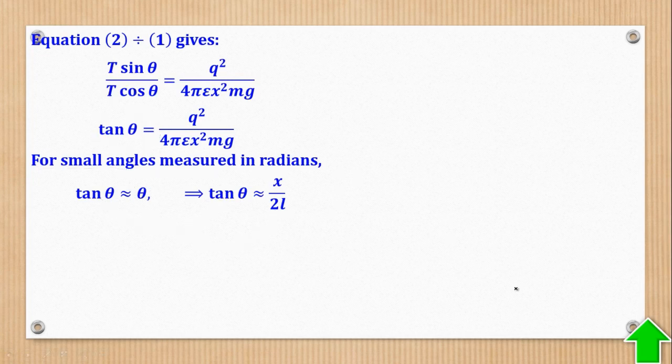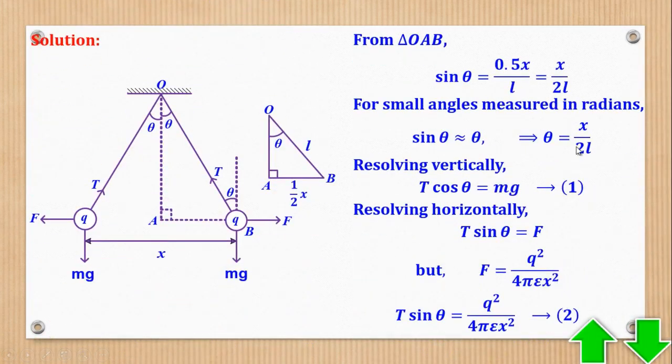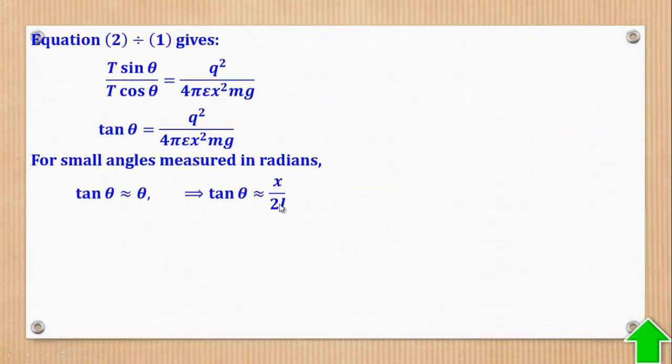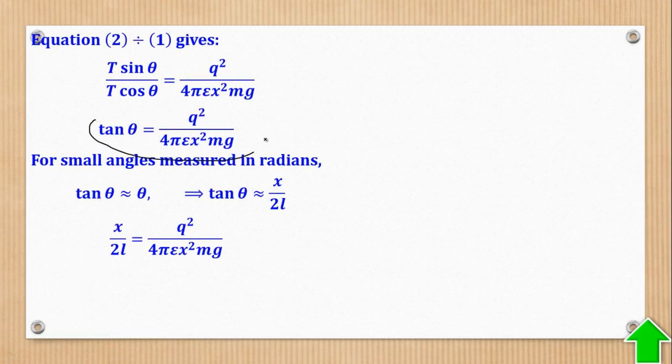If you look at this previous slide, we had got theta as x over 2L. So that is why I'm writing it here, x over 2L. Therefore, from there, I'll come here and substitute where there is tan theta. I'm going to put there this value, which is here, and this one remains as it is.